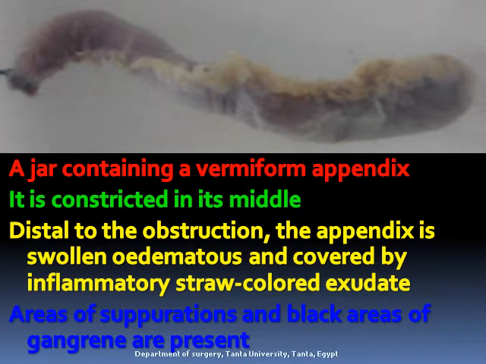Jar containing the vermiform appendix. It is constricted in its middle. Distal to the obstruction, the appendix is swollen, edematous, and covered by inflammatory straw-colored areas of suppuration, and black areas of gangrene are present.